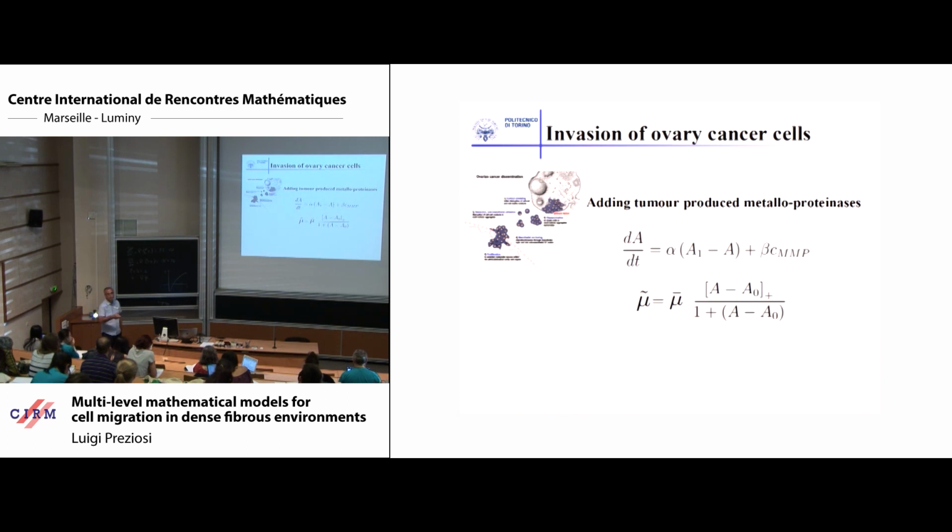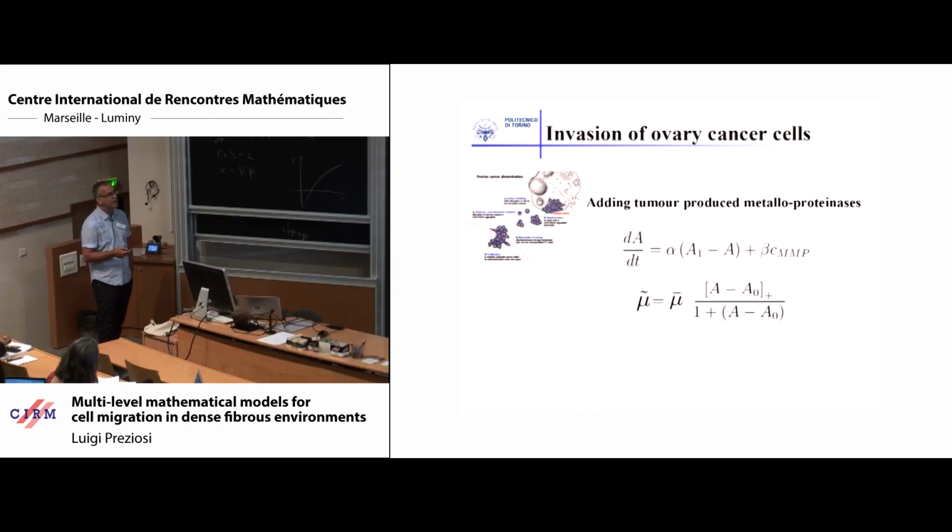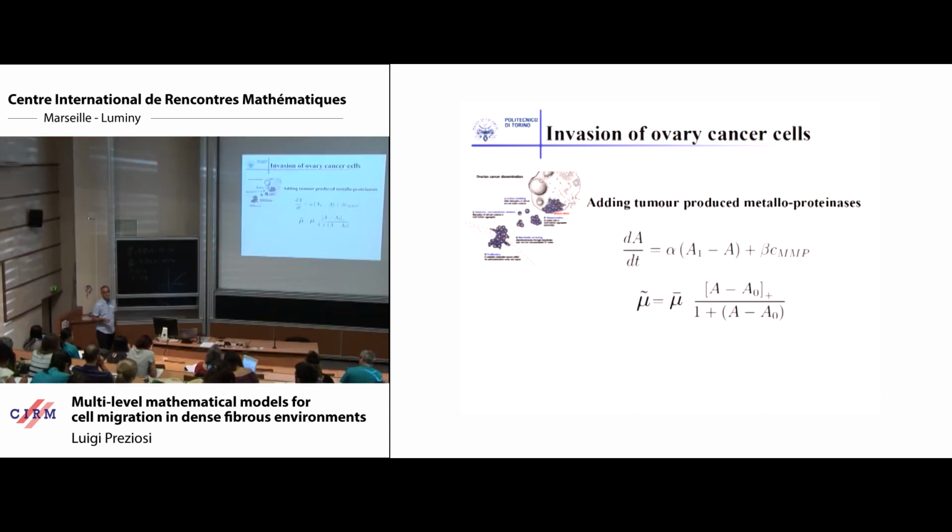So it's continuously restored. But if there are metalloproteinases, they have the action of increasing the area. We are taking that proportional. We don't have data on that, so the easiest thing is to say that for a constant value of C, the area increases proportionally with the concentration.